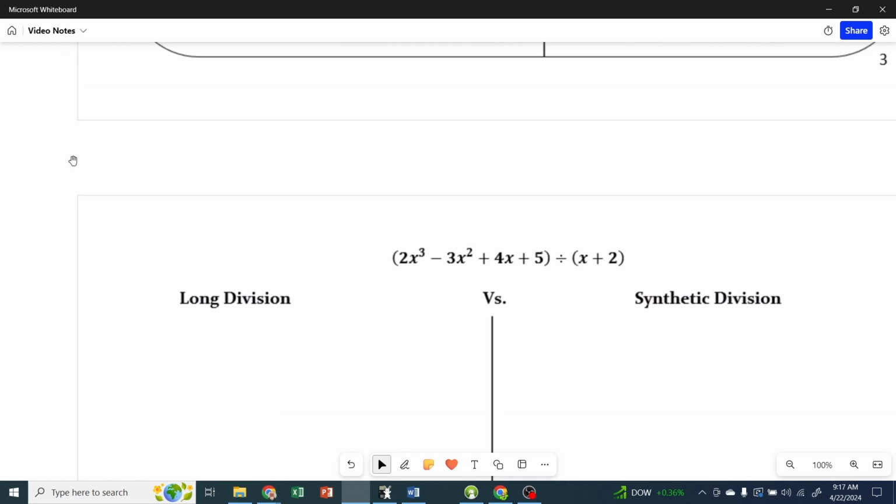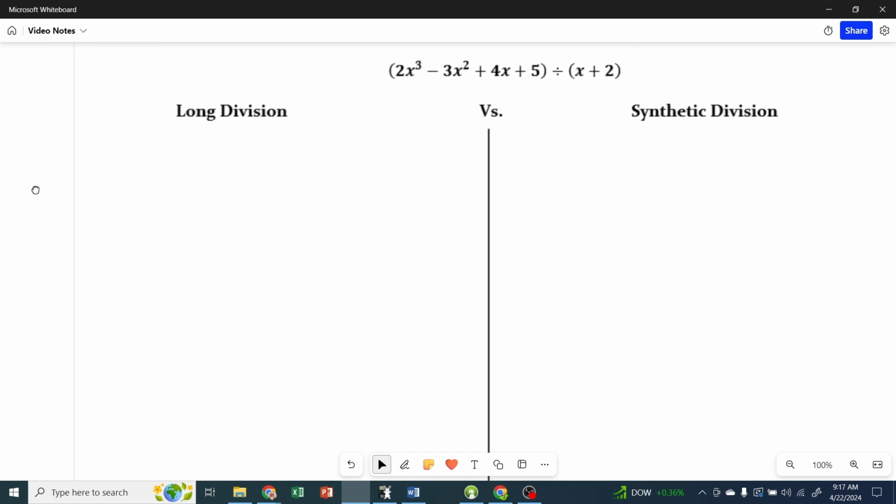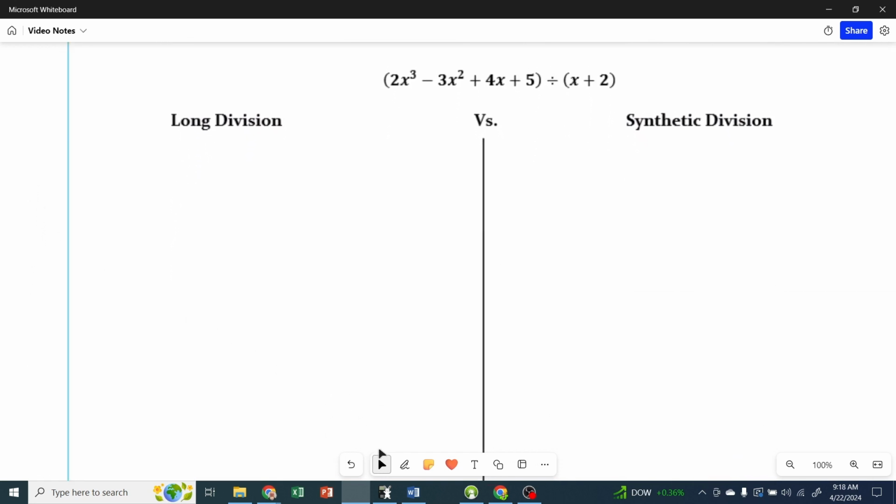Okay? So if you remember, there's a little bit different levels of work with this. So let's do a long division versus a synthetic and see how it goes.